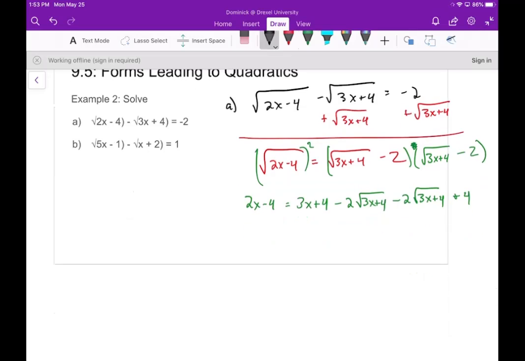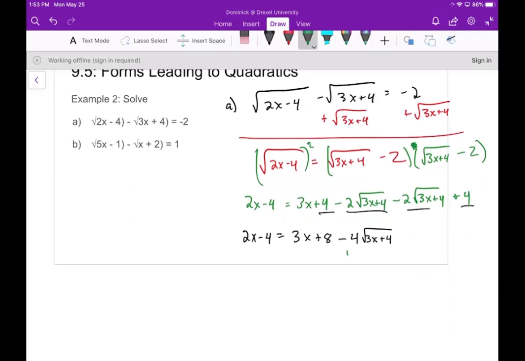So let's combine our like terms. On the left, I still have 2x minus 4 equals 3x, and then this plus 4 and plus 4 will give me a plus 8. And these two square root terms are going to give me -4 square root of 3x plus 4. Right, so now I just have to get this square root by itself.